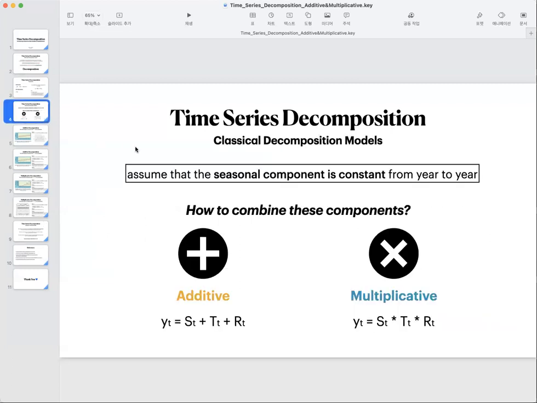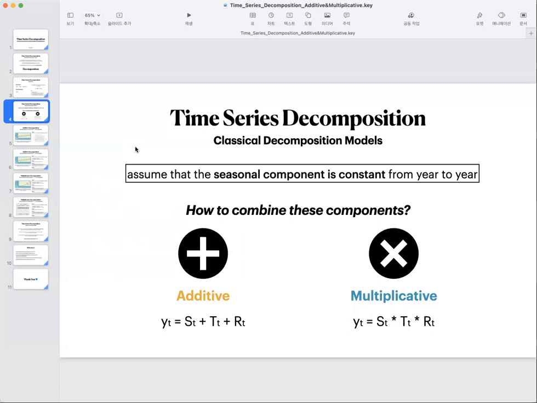Actually, there is one major assumption to describe the classical models: that the seasonal component is constant from year to year. Basically, it is assumed that the same pattern will be repeated every year. Then what is the difference between additive and multiplicative models?